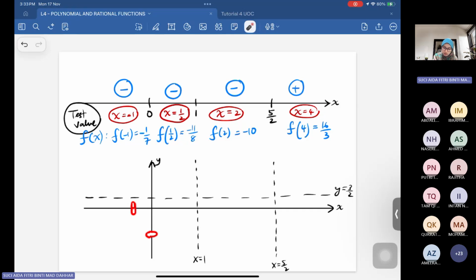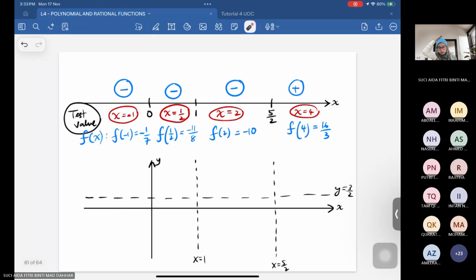So to be able to cut these 2 points, your graph must look something like this, isn't it? They are all negative. This is negative. So it must be down here.